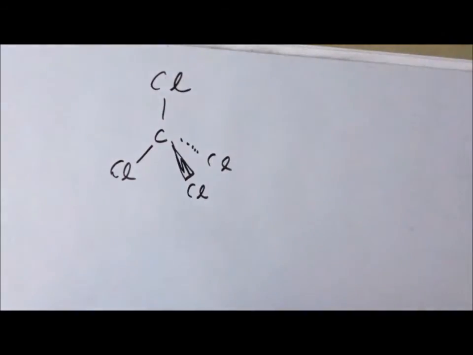Notice that this is an identical molecule from the point of view of symmetry to methane itself, because attached tetrahedrally to the central carbon atom, I have 4 identical atomic substituents. So from the point of view of point groups, this is identical to methane.